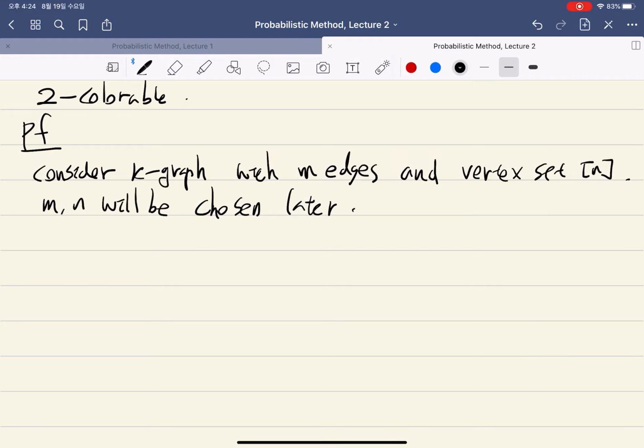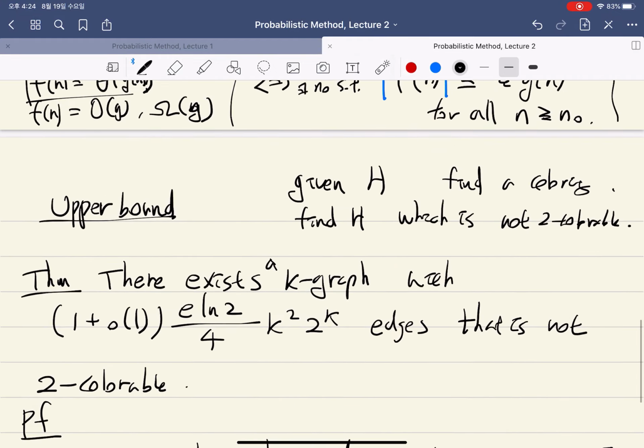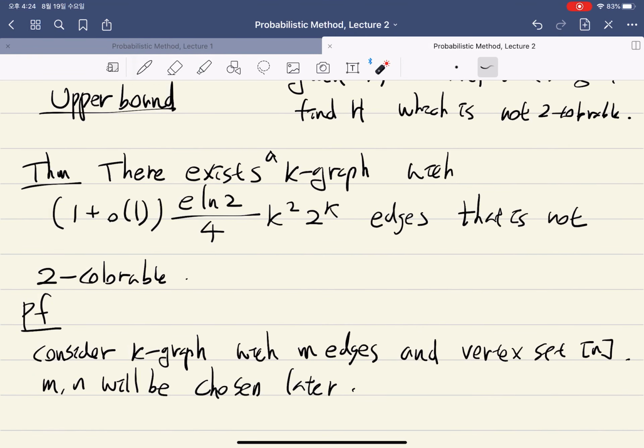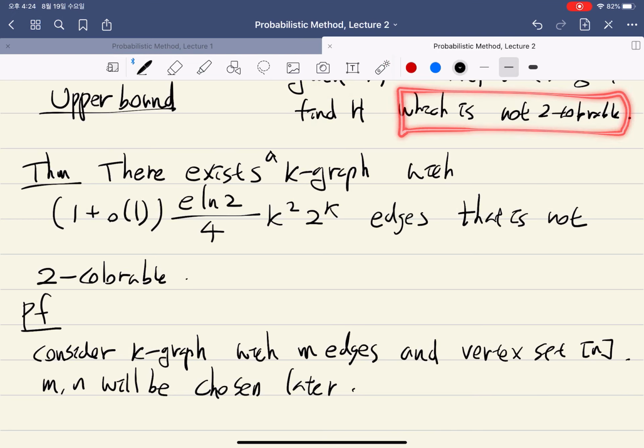Now what we want to do is construct H at random and then show that this is not two-colorable with positive probability. And how do we show that it is not two-colorable? We say that it is not two-colorable if any two-coloring we take is not proper.